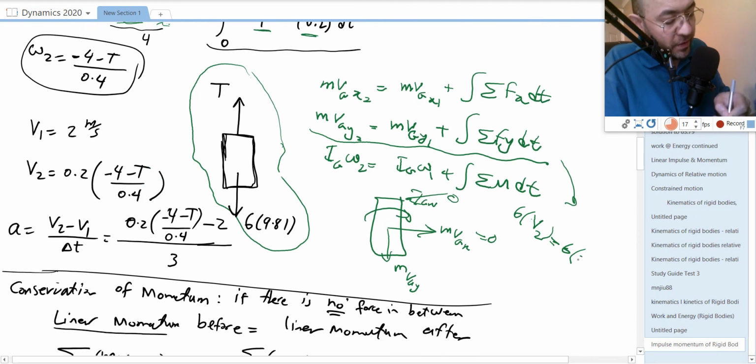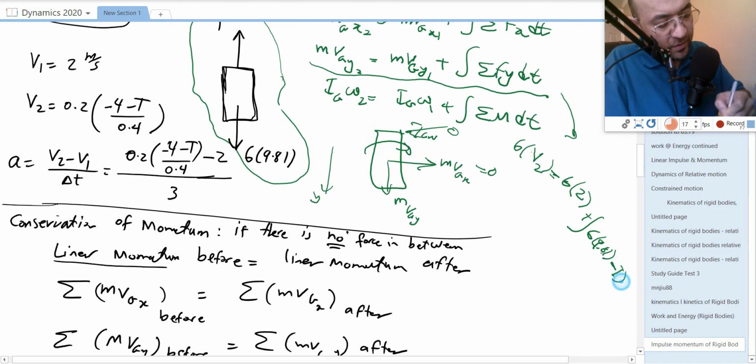So I put 2 meters per second here. Remember, I'm considering my direction this way for y, just for simplicity, because everything is going down that way. Plus integration of t is 6 times 9.81. I mean summation of f of y. This will be this minus t dt from 0 to 3 seconds.